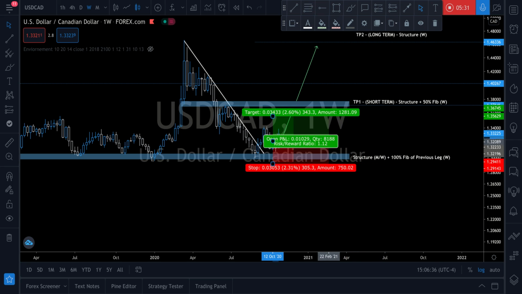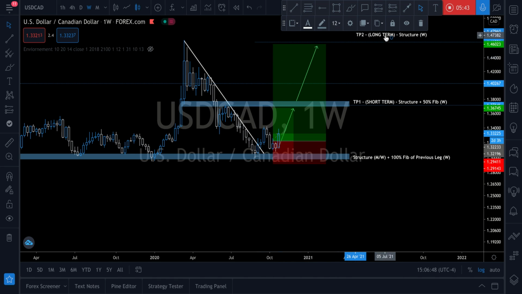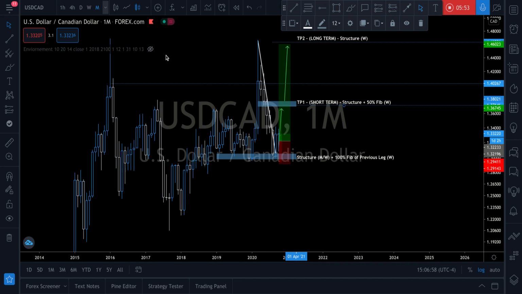The only difference is we're going to make it a little bit bigger so we know what we're talking about, is we have a greater TP for this particular trade. So in all honesty, we're looking at using this second TP as our take profit because of the structure. The previous structure was here as well.